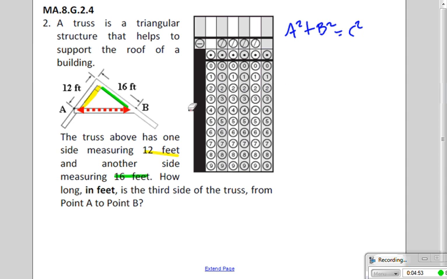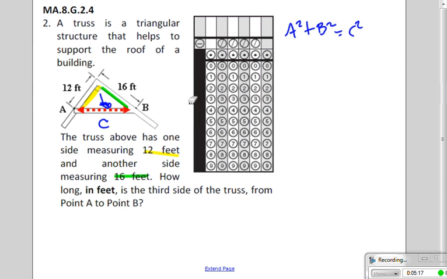The thing you must know when you're setting this up is that the side that is across from the right angle, which in this case is the side that he asks us for, must always be C. These two don't matter. This can be A or B and this can be A or B, but this side can only be C. It has no other alternative.